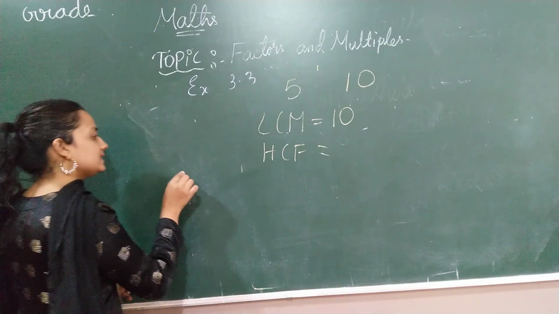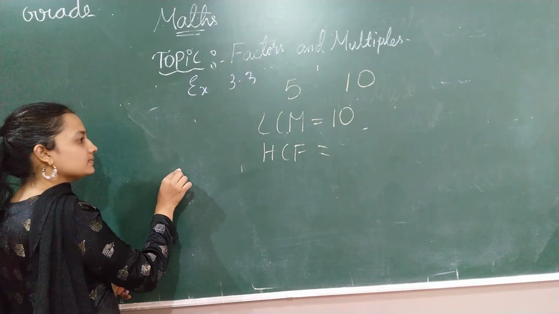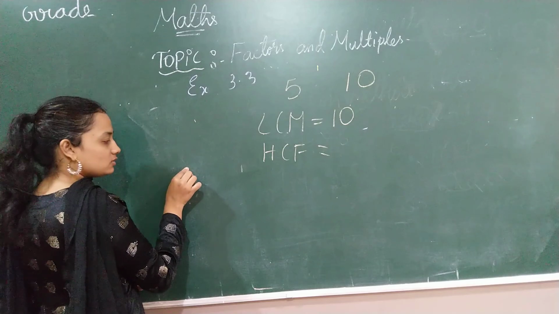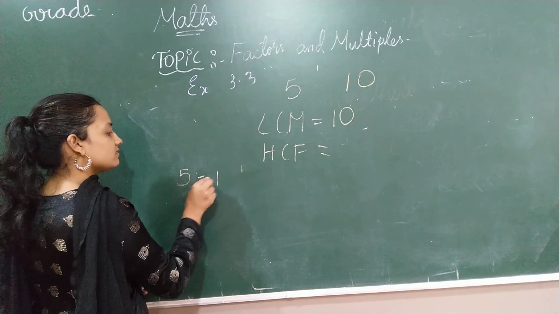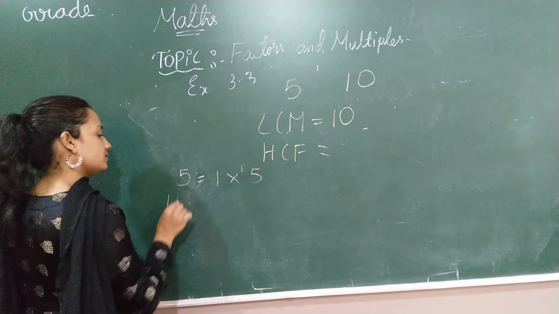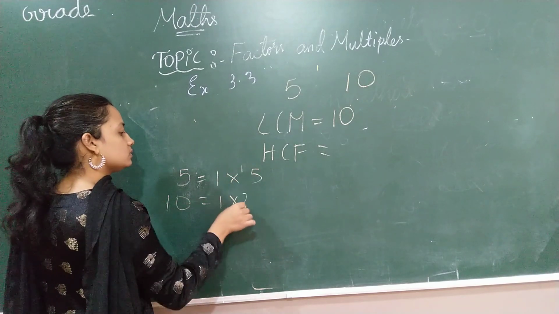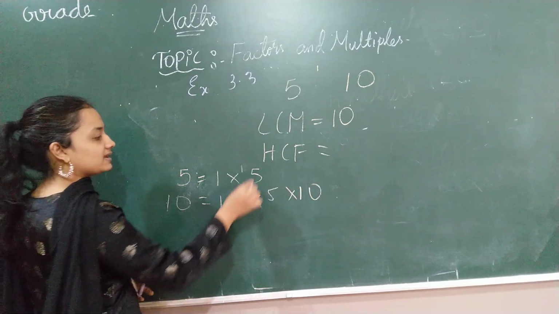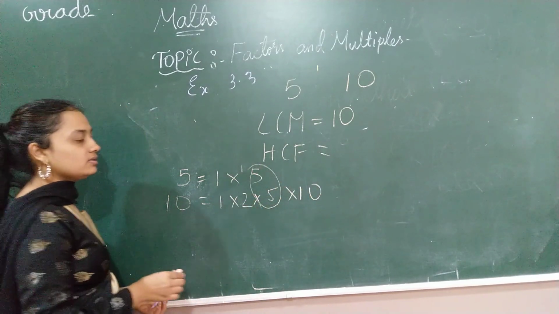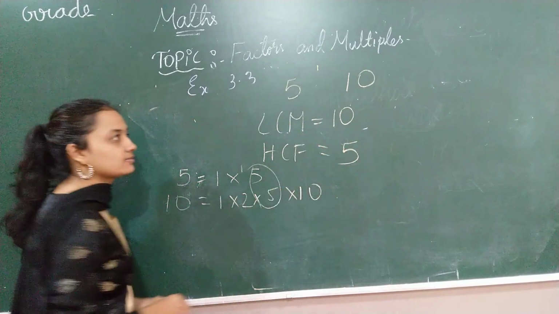How do you find the HCF, highest common factor? You list the factors of it. What goes in 5? 1, 2, 5, 10. So the highest common factor is 5. The HCF is 5.